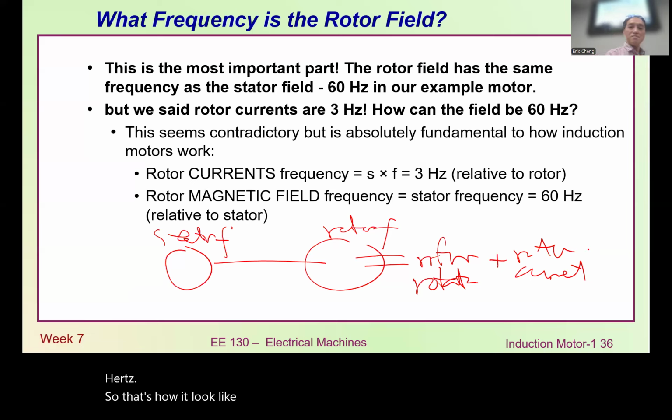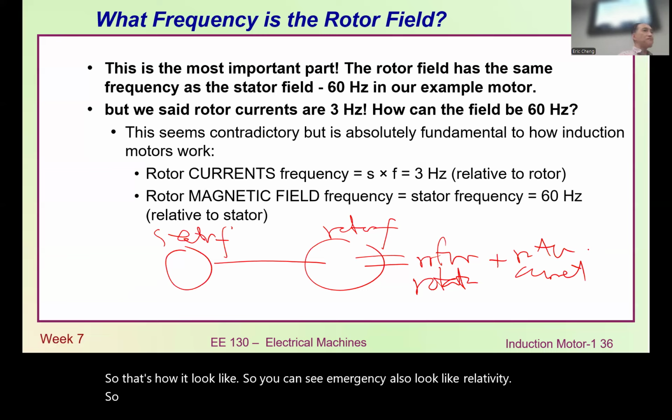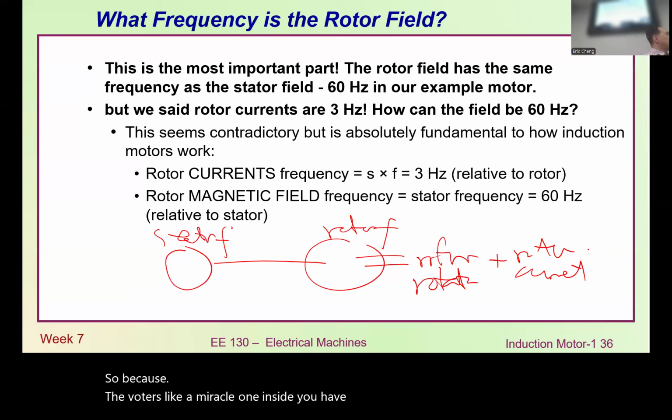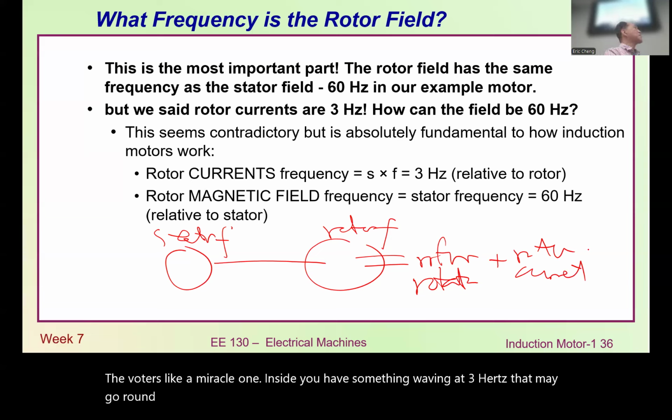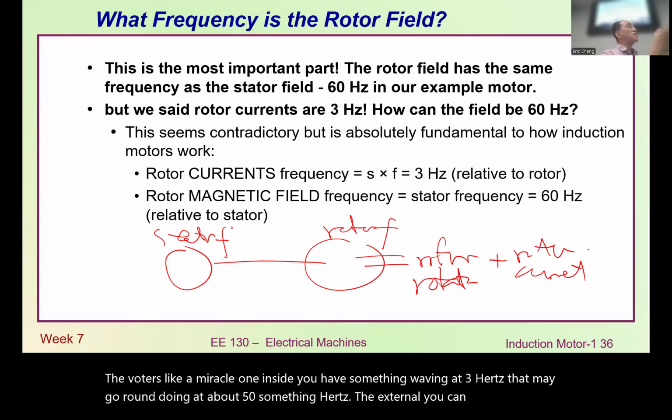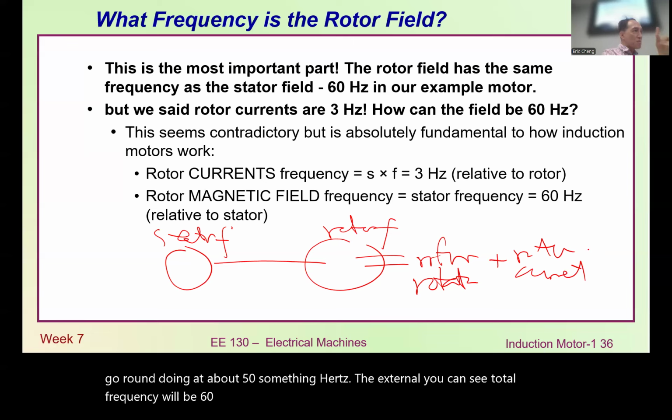You can see emergence also looks like relativity. The rotor is like a merry-go-round: inside, you have something waving at 3 Hz, while the merry-go-round is doing about 50-something Hz. Externally, we can see the total frequency will be 60 Hz, but inside there are two components.